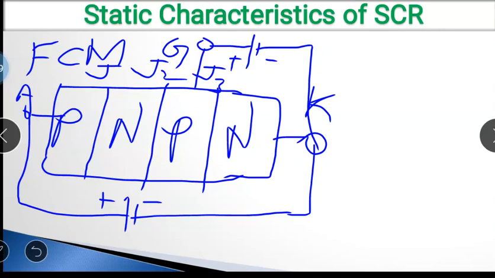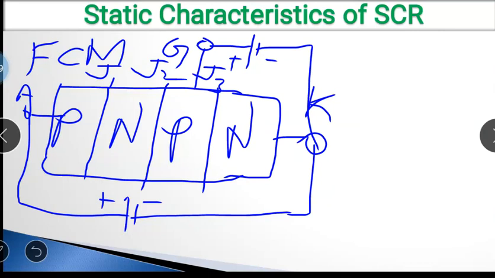So what will happen if we connect the supply to the gate terminal? We have given a positive gate. Then junction J1 is in forward bias, J3 is also in forward bias, only junction J2 is in reverse bias.